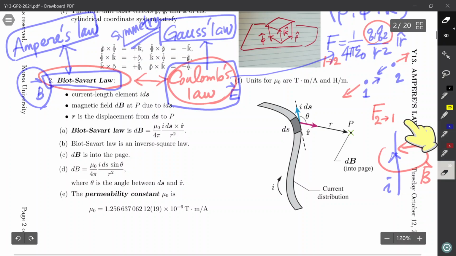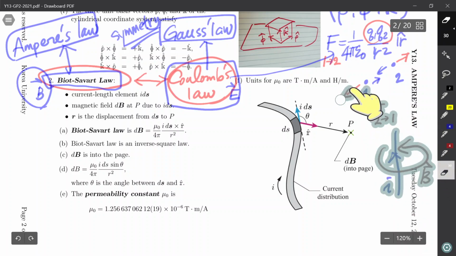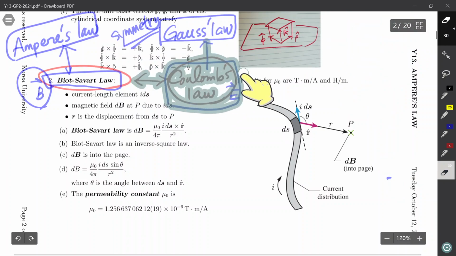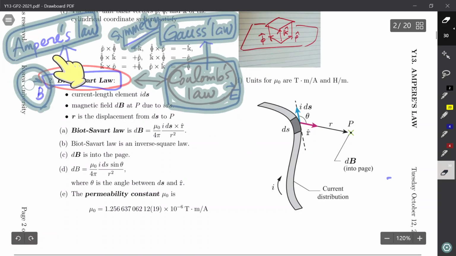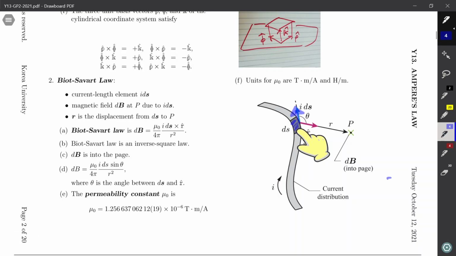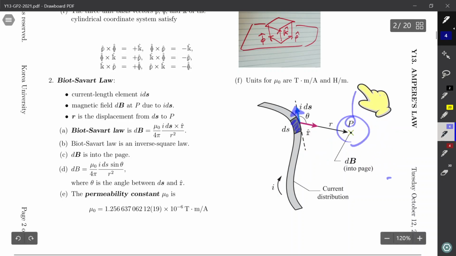Instead, the current can be flowing arbitrarily, just like this. So current I tangent is this. Current I is flowing in this direction. So we choose a small current segment, and we have a field point P.